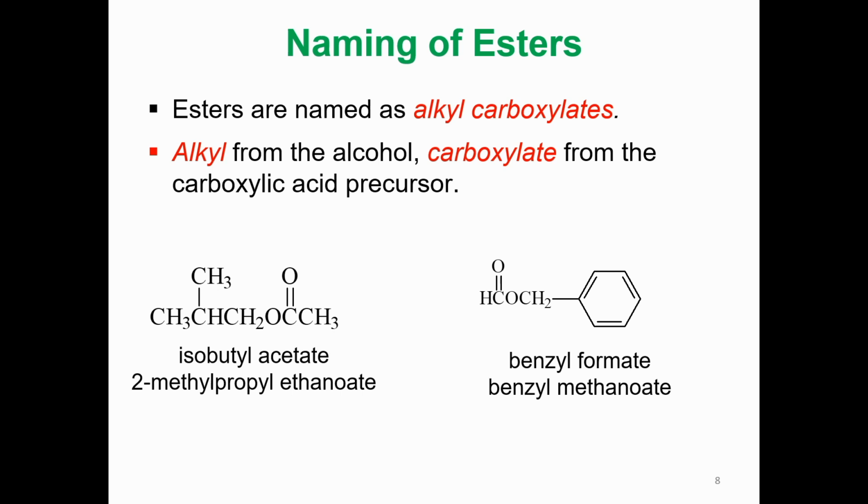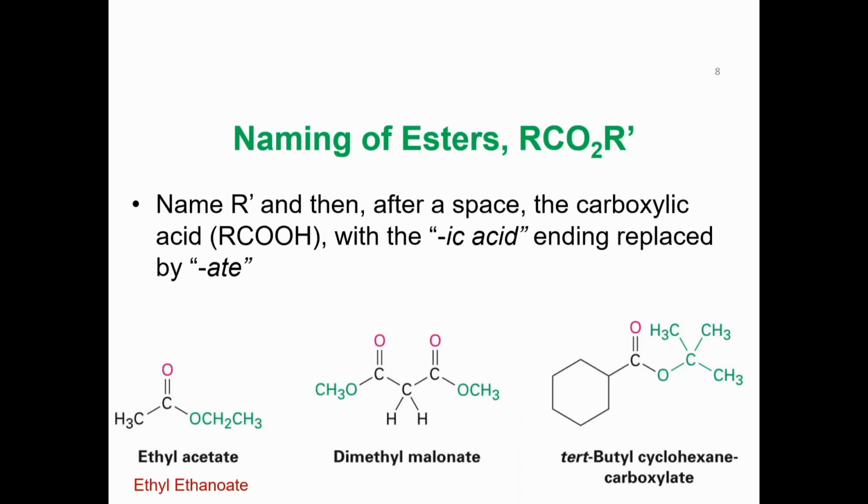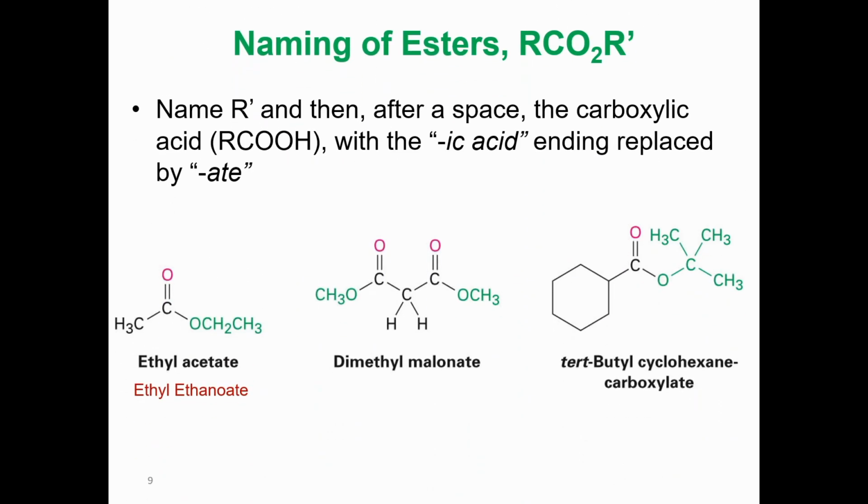This is very important. So when you see an ester, go and look at the carbon that bears a carbonyl. That is the carboxylate end. So the other becomes the alkyl end. So you name the alkyl before the carboxylate. Naming of ester, like I said, you talk about the alkyl before the carboxylate.